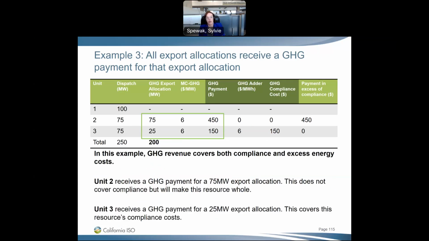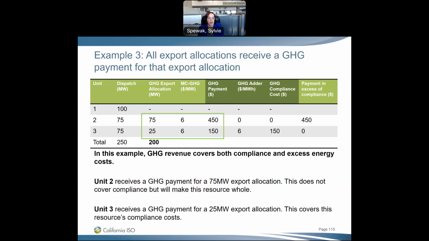Just like we've done in the previous two examples, let's multiply the GHG export allocation, 75, by 6, and that gives us $450. We don't need to cover any GHG compliance costs, so all $450 of this GHG payment will go toward the energy payment in excess of LMPN.